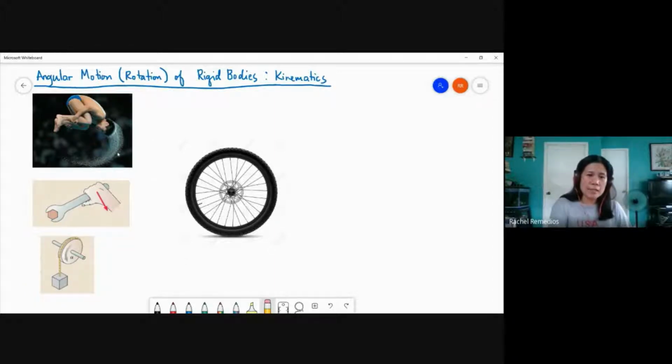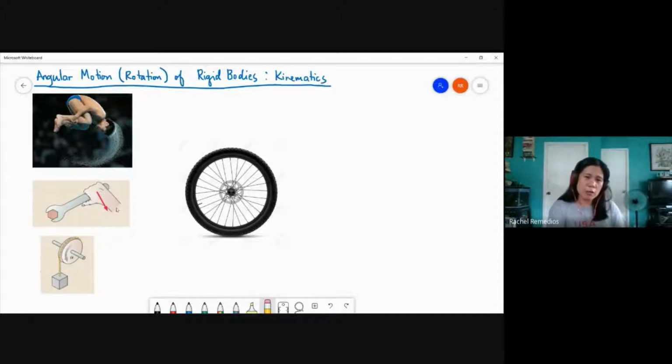These are examples here of usual objects that we are familiar with, yung mga objects na umiikot. Say, for example, itong bolt dito, it can be rotated using this wrench here, no?